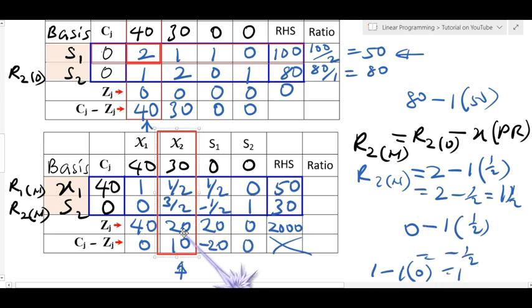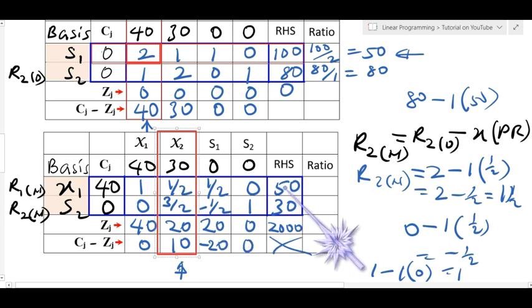Now after getting the pivot column, with this row 1 and this row 2, how do we determine the variable that will leave the basis? Is it x1 or is it s2? Remember, we divide the right hand side by the corresponding element in the pivot column.